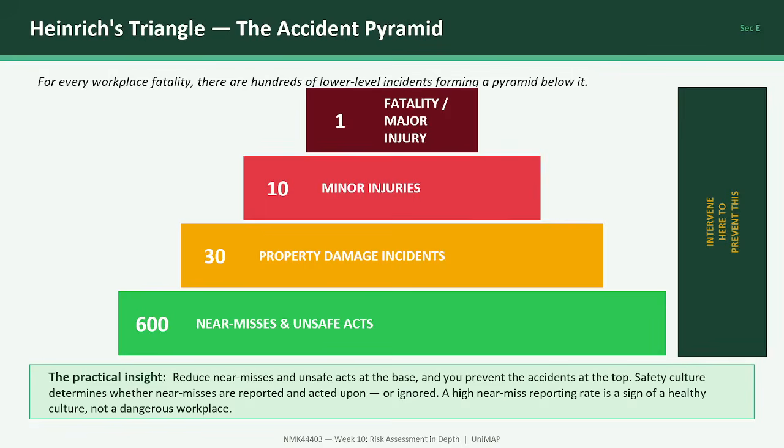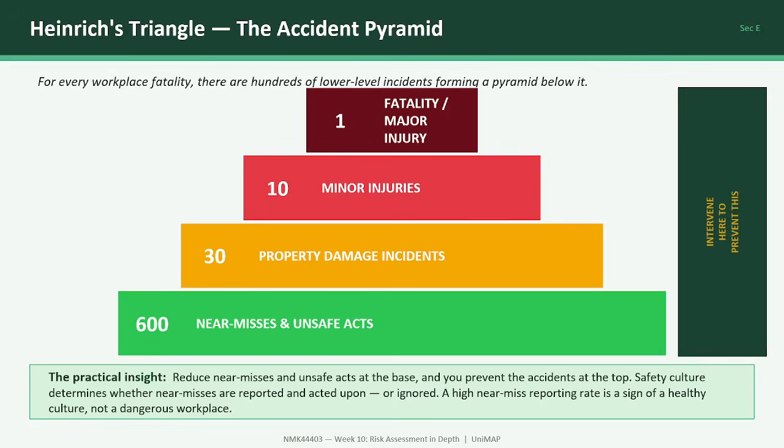An organization with a high near-miss reporting rate is not more dangerous than one with low reporting. It is more honest about the hazards that exist, and therefore in a much stronger position to address them before they escalate. The annotation on the right side of the pyramid says, intervene here to prevent this.